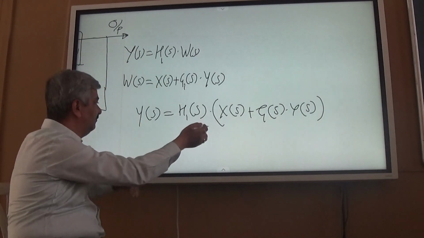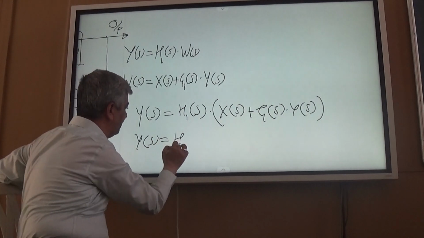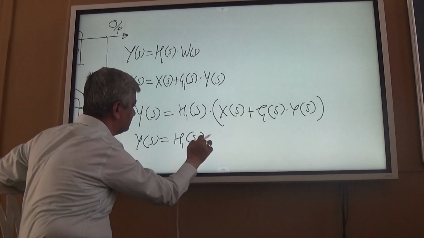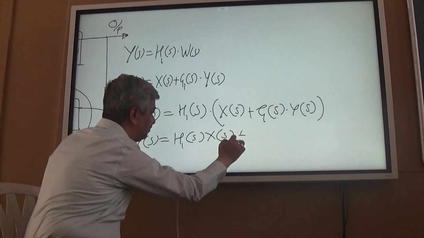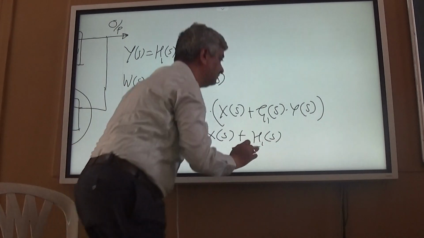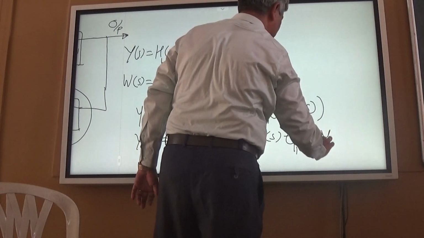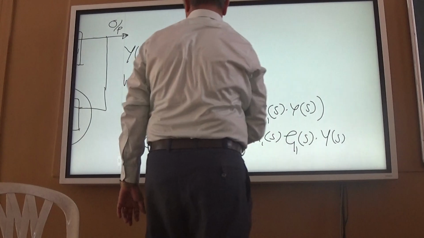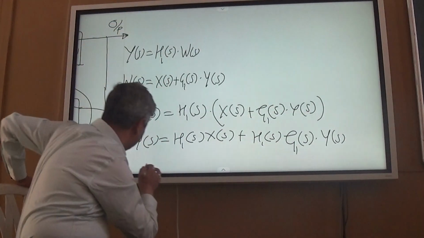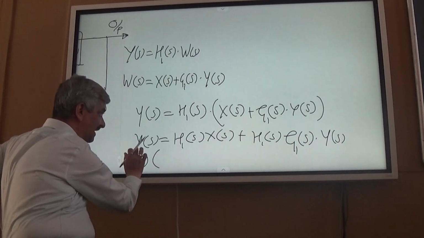So Y(s) is equal to H1(s)X(s) plus H1(s)G1(s)Y(s). Taking this on the other side, Y(s) minus this.